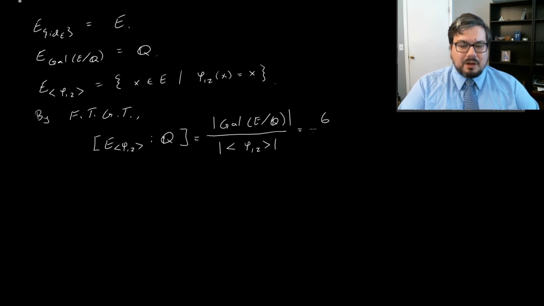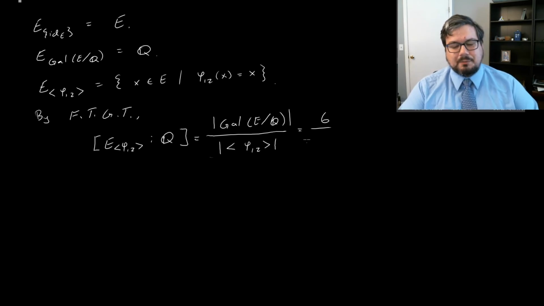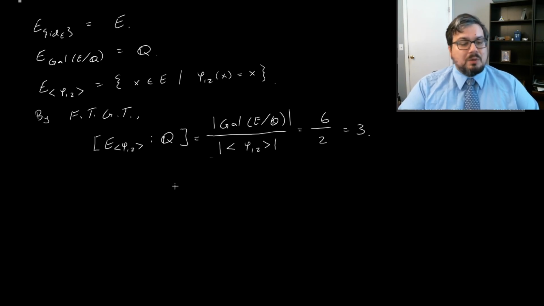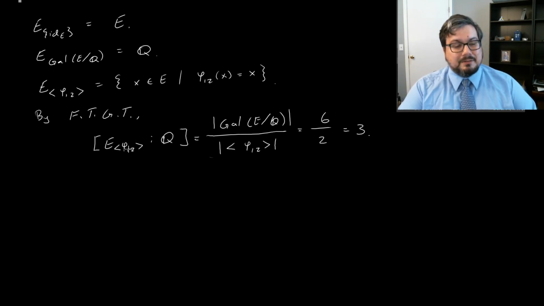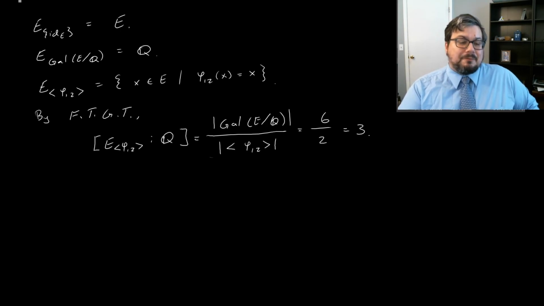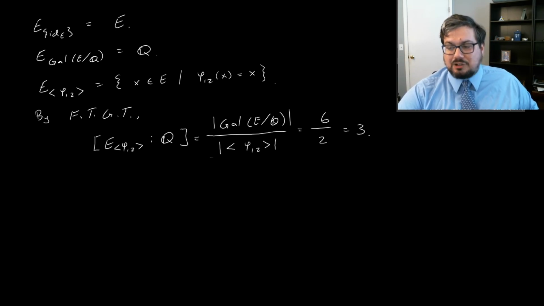Well, the order of the Galois group is 6, the order of the subgroup generated by phi12 is 2, and so we have 3. So when we're looking for the fixed field of phi12, we're looking for a field extension of order 3 over the rationals.